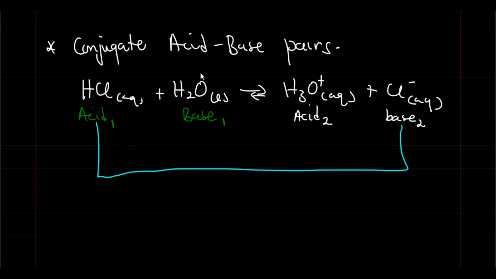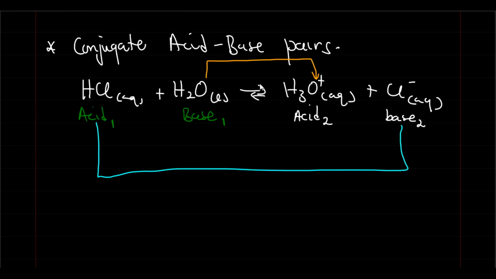Now water, it started by being water. Now it is no longer water, it's hydronium. What has accepted the proton is the O from the water molecule. So we can see that this one has an O like that one.